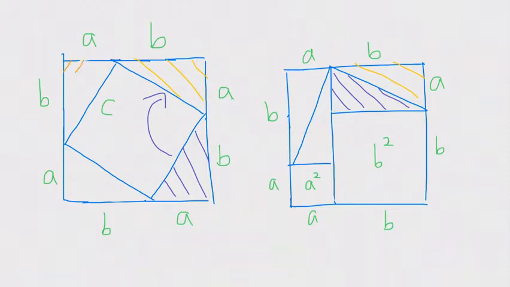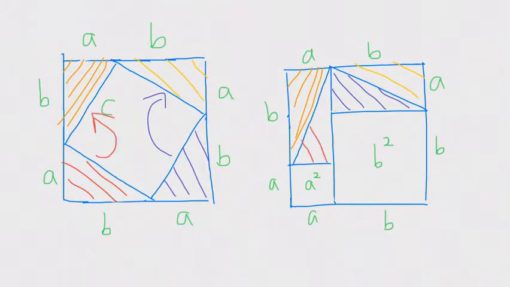This orange triangle here is the same as this, and then we can take this red triangle here and once again rotate it up into this orientation. So now we've got all 4 triangles accounted for, and in their place, we've left these 2 squares here with side lengths a and b.